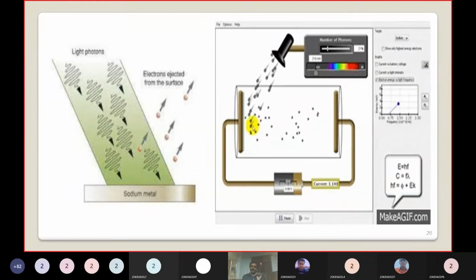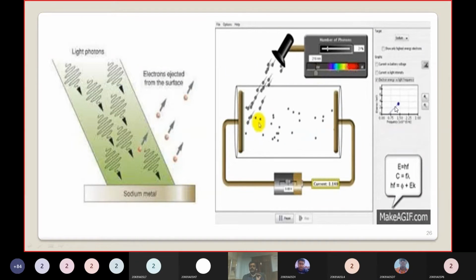See here, if you increase the intensity of light, and intensity is nothing but the number of photons passing through a unit area, then the current also increases.